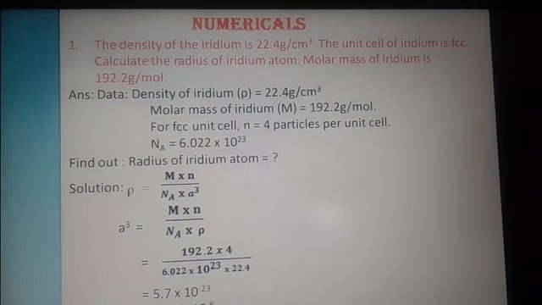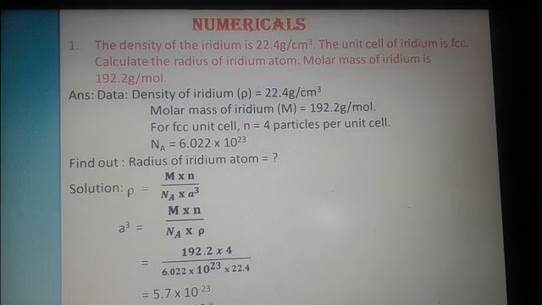But in case of FCC, R is equal to root 2 A by 4, because one face diagonal is covered by 4 spheres. That's why we are getting here root 2 A by 4.